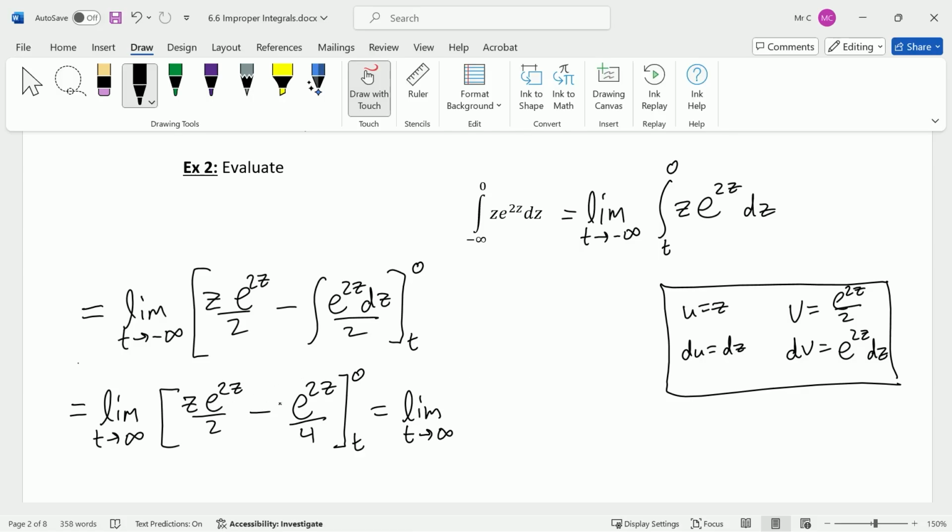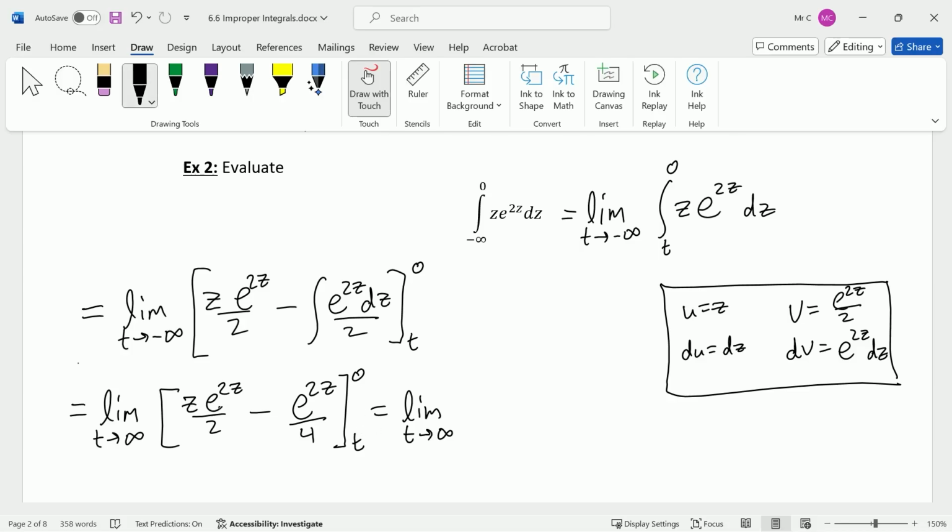And here I'm going to factor out e to the 2z over 2. Well, actually, I'm going to plug in first, and then we'll do our factoring. So we'll plug in our values for 0.